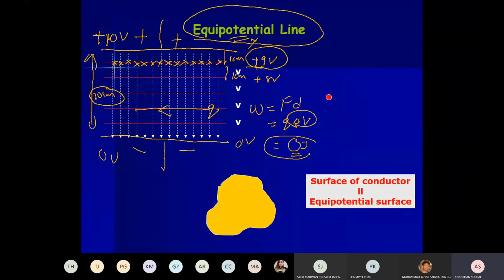No work done means the change in EP is 0, and the gain in kinetic energy will also be 0. That's the specialty of an equipotential line: no change in potential, no gain in potential, no gain in kinetic.